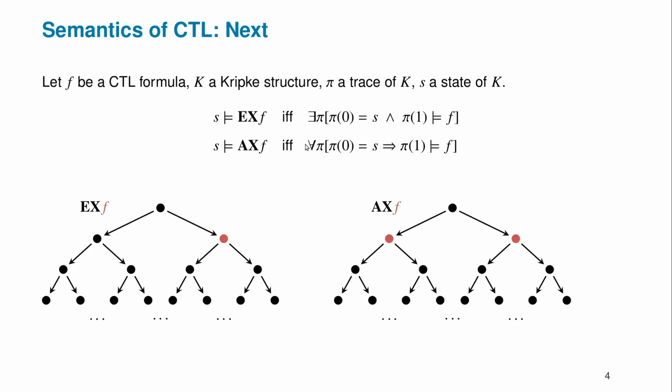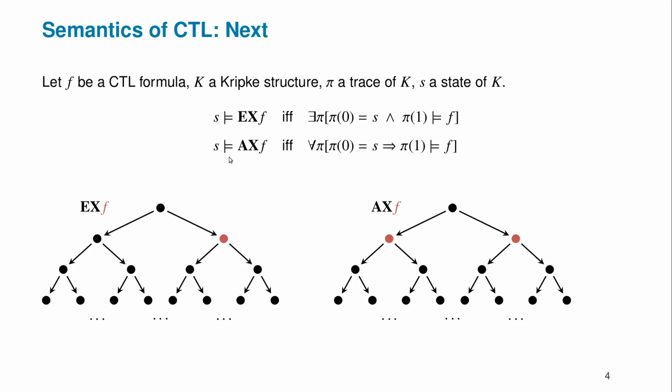So if there is a path that starts with S, then there has to be one path which starts with S and in the next state, after one step, we are in a state where F holds. So if we have here this computation tree, or a schema of a computation tree, then we need to have the following situation. We are here in the topmost state, and there is one next state, one successor state where F holds, and F holds is indicated by this red circle.